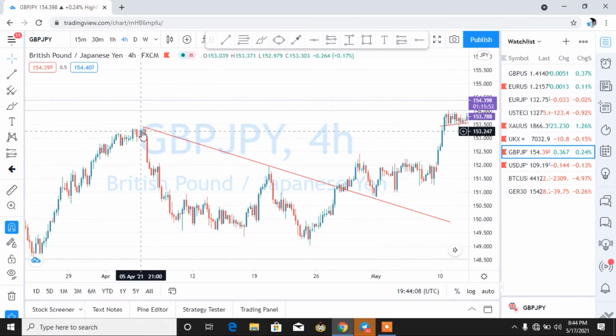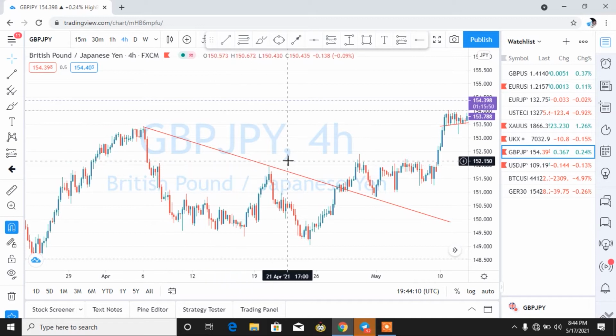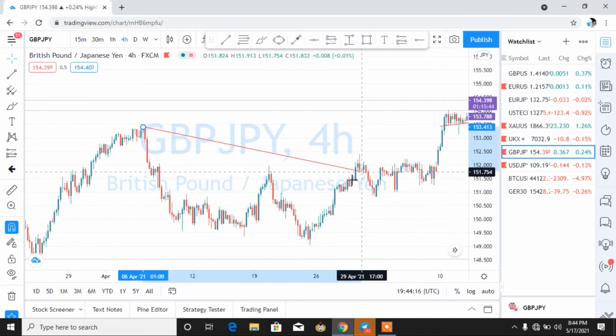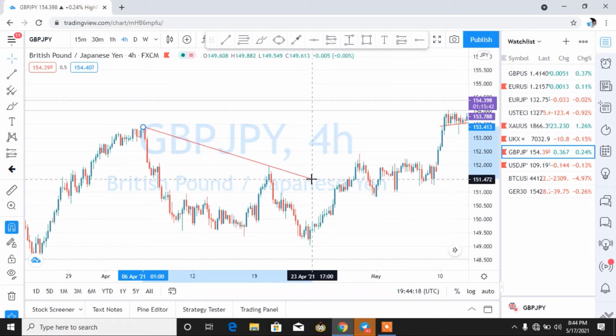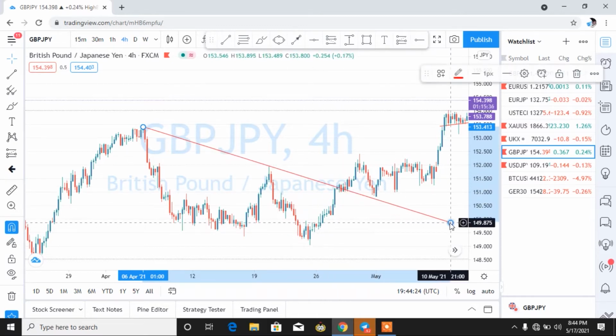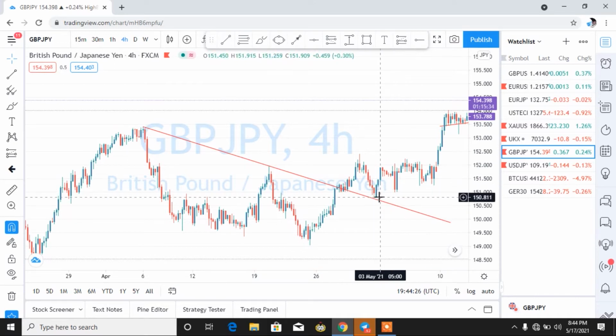So here was the first high, second high. It establishes a trend. All you have to do when you connect two highs, these two highs, is drag the trend line down, and what do you see? A rejection from the trend line, a bounce off the trend line here.